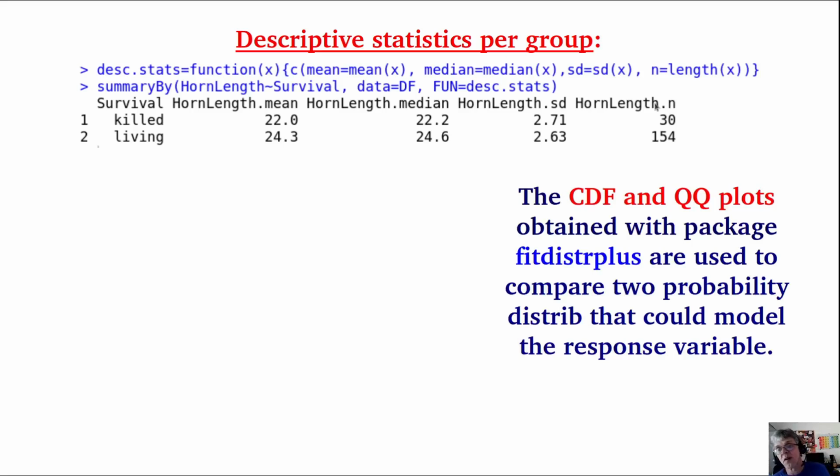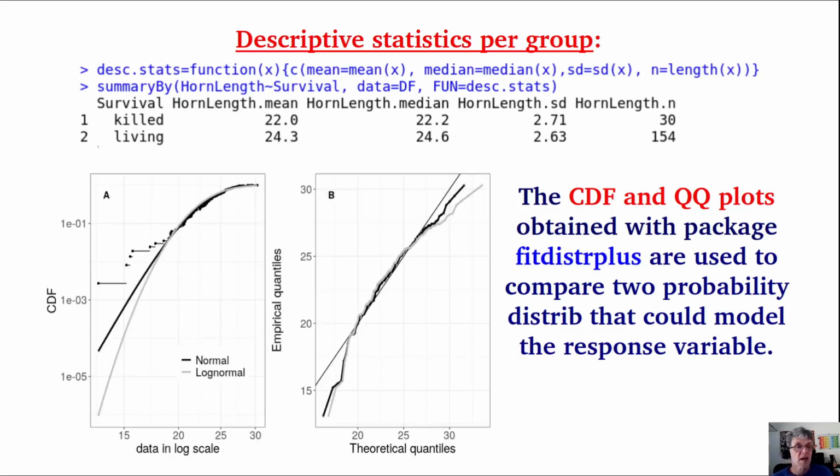As in previous videos, we use the package fitdistrplus to obtain the QQ and CDF plots that allow us to ascertain which probability distribution is best to model the response variable. And here we see the two candidate distributions that we are contemplating in this case, which are the normal and then the log normal distribution.